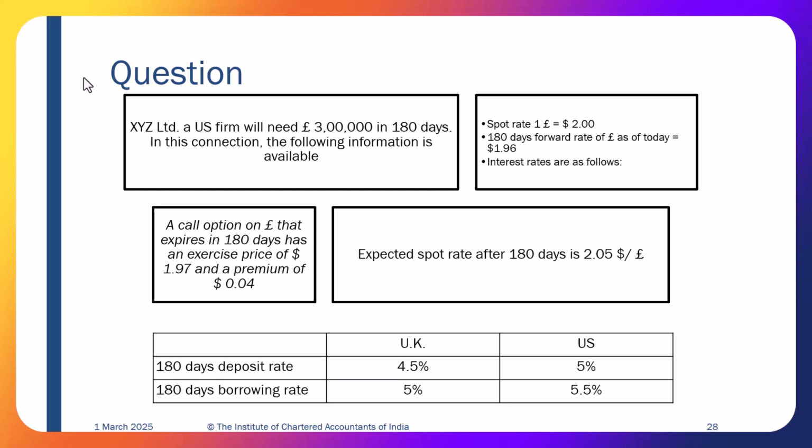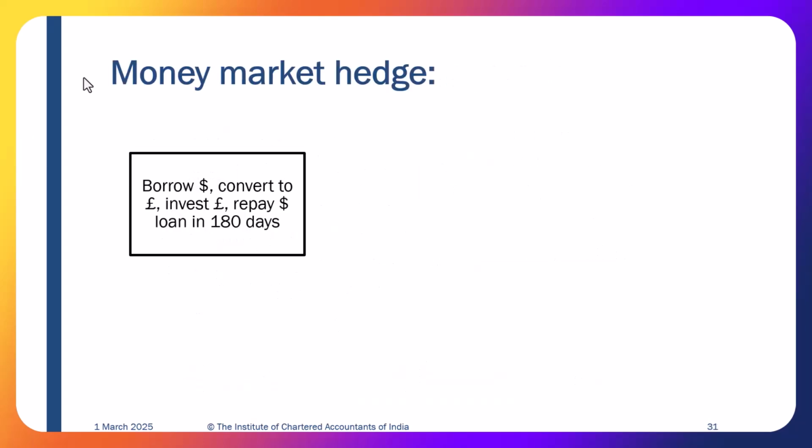So what you have to do is borrow dollars, because you are going to pay the money in pounds. Borrow the dollar, convert to pounds, invest, and repay the loan. That is what you are going to do. You are an importer, your money has to flow outside. So you borrow in home currency, in dollars, convert them into pounds, and invest there so that it pays off your liability. So that is what we did.